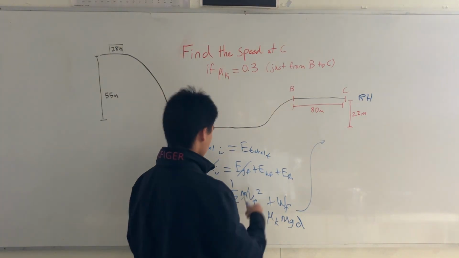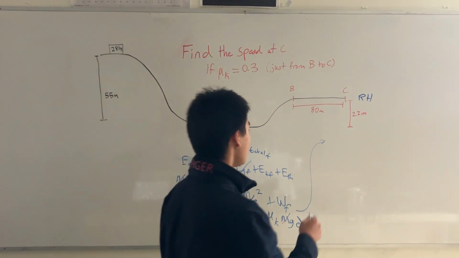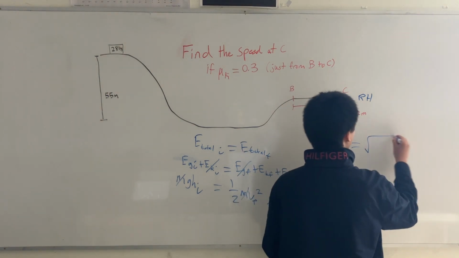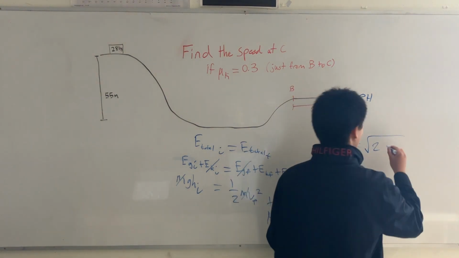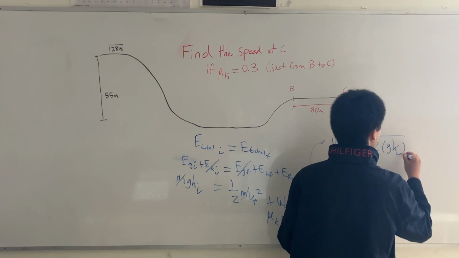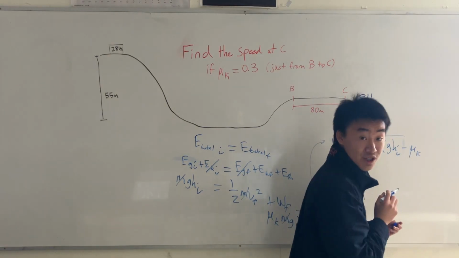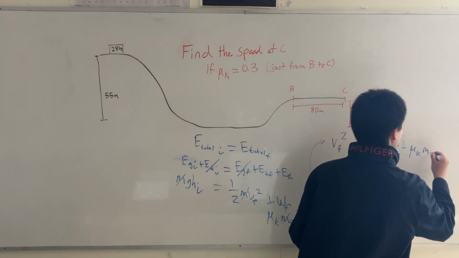Now plug everything in, we can cancel our masses. So if you rearrange it, you get the final velocity is equal to the square root of 2 times ghi, and then minus our work done by friction.